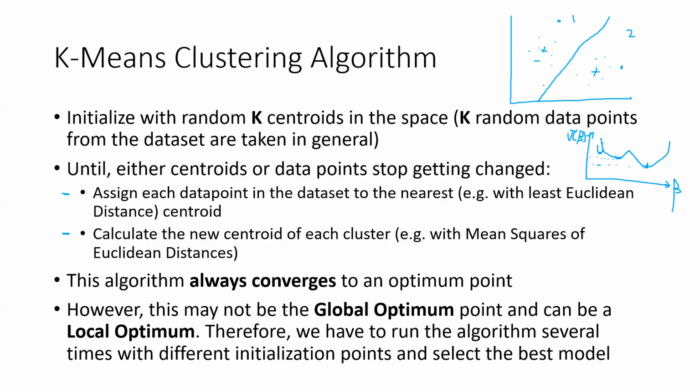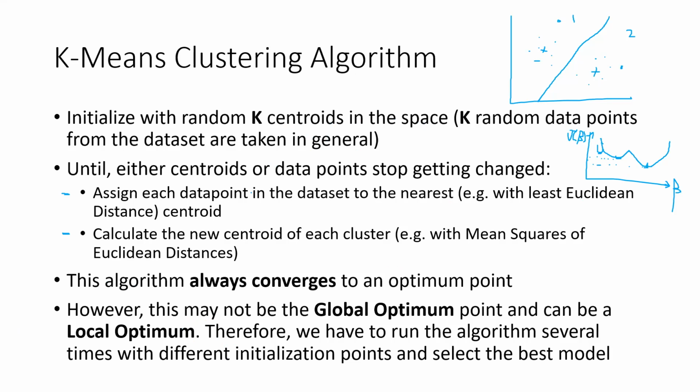So you can define the random centroids differently. That means you can run this K-means clustering algorithm several times with different random allocations of centroids, and you can take the best clustering solution selected among these models, and that may be the global optimum point.